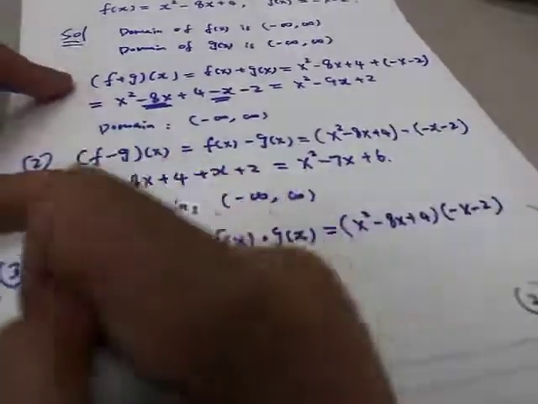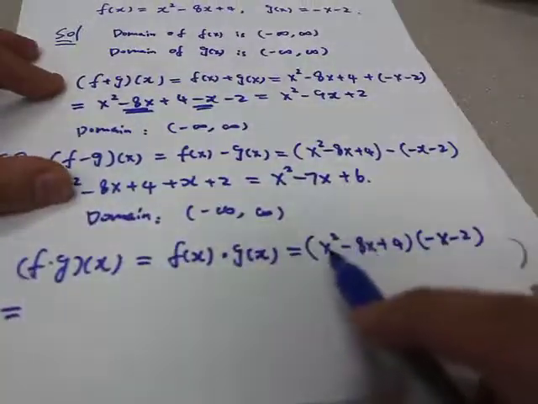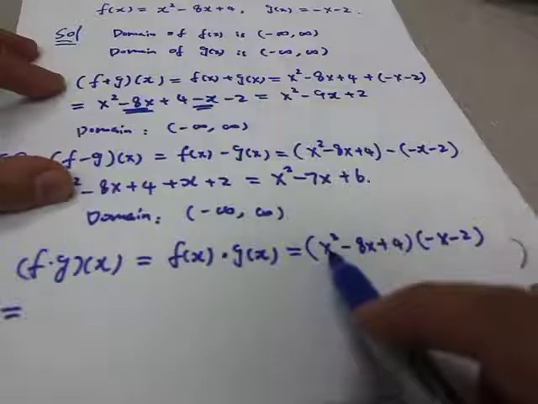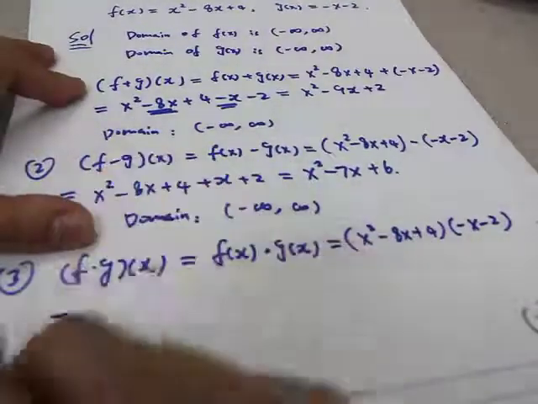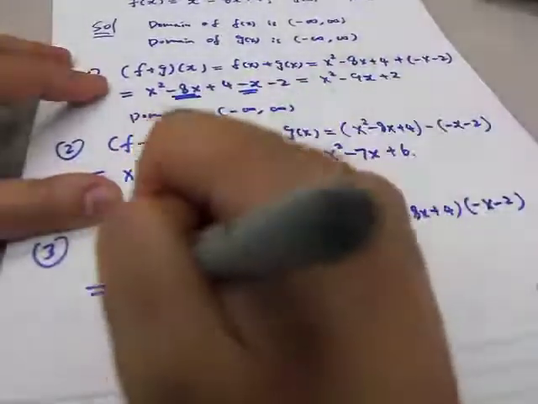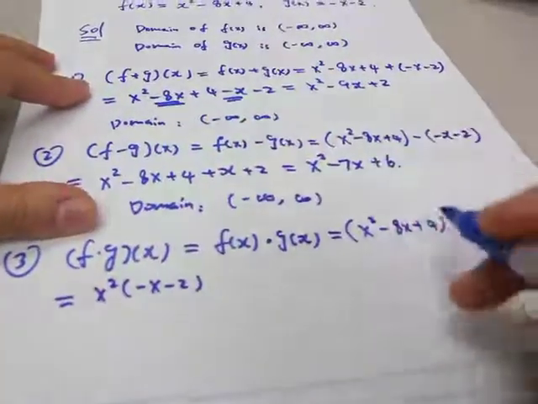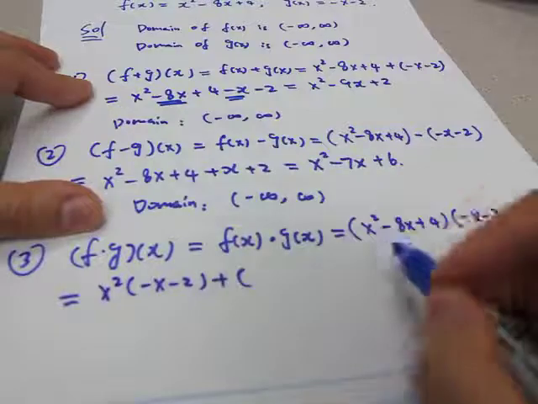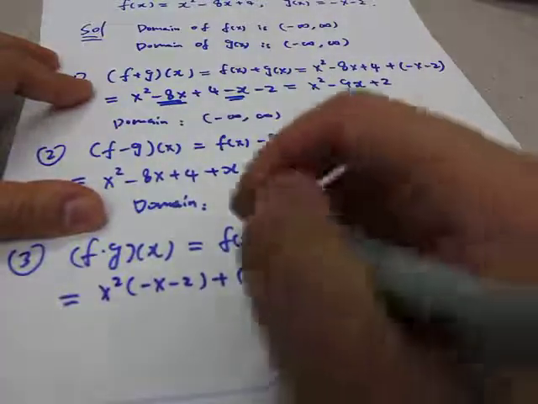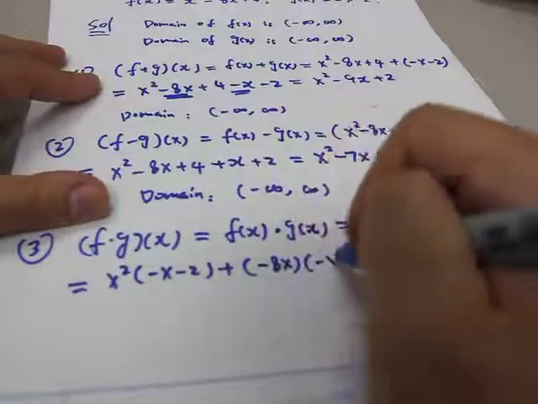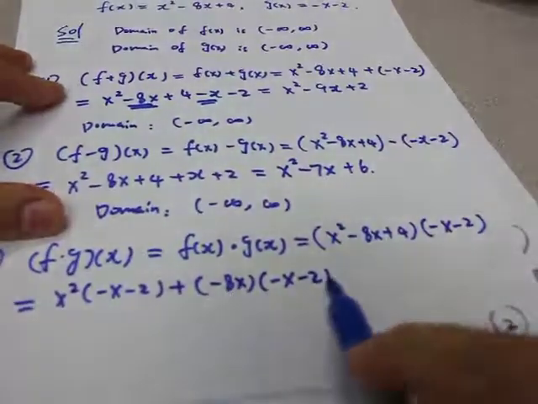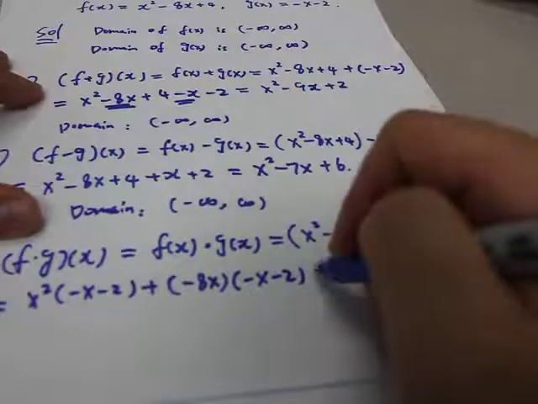Okay, so first we distribute x squared into negative x minus 2. We're going to have x squared times negative x minus 2, and plus we distribute negative 8x into negative x minus 2. So we're going to have this term, and then we distribute 4.